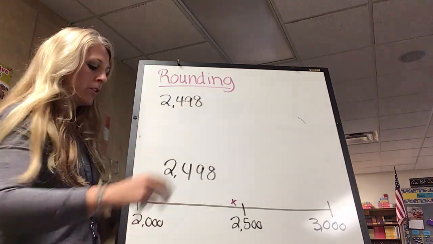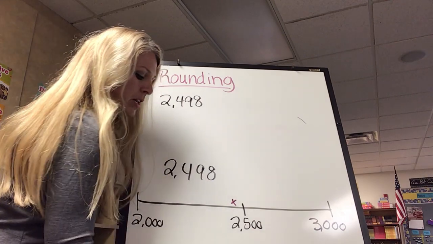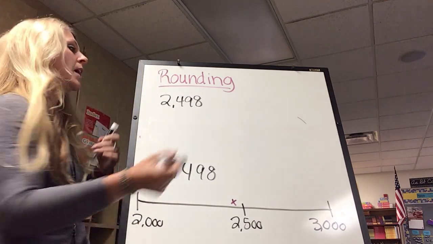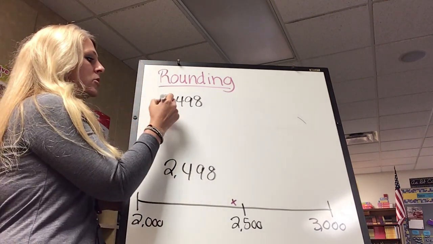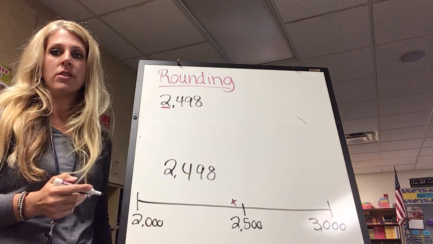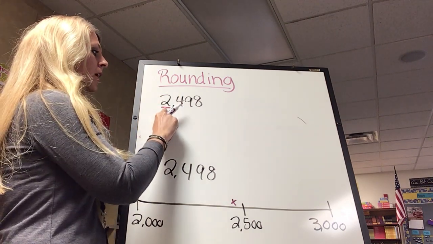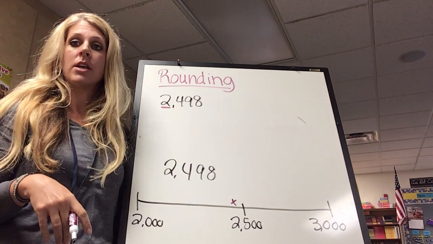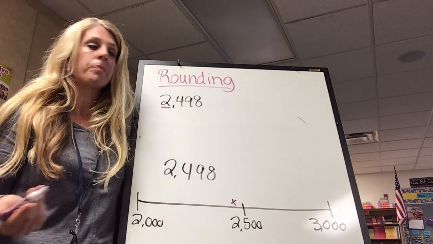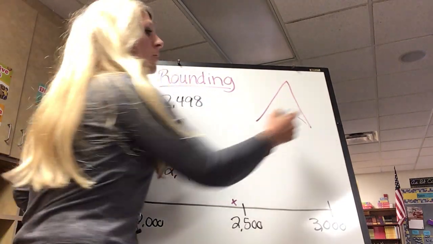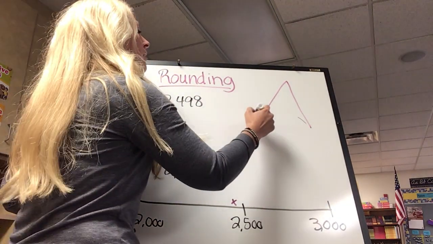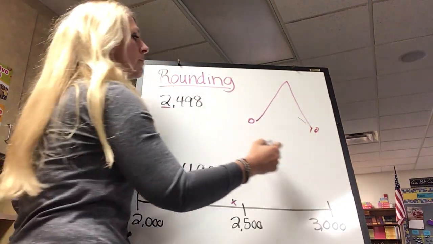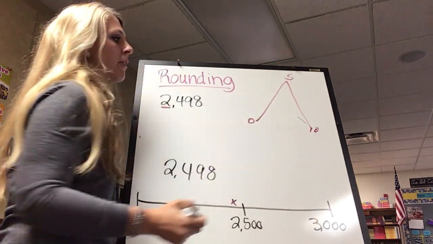So if I'm thinking about the number 2,498 and I want to round to the nearest thousands place, I know my 2 is the digit in the thousands place. So I'm going to look to the right, 2,498. And I'm going to think to myself, does 4 round up or down? Have you seen the rule about the mountain where you have the number 0 through 10? 5 would be halfway at the middle.